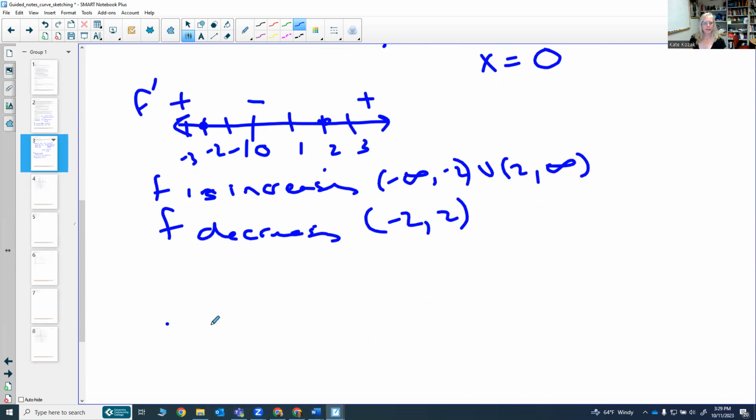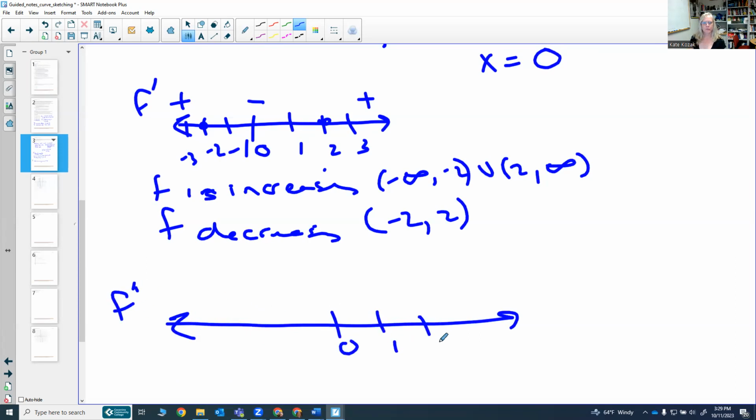Draw a number line for f double prime. Put 0 on there. This is for f double prime. If you take a number less than 0 into f double prime, you will get a negative number. If you put a number greater than 0 into f double prime on the number line, you get a positive.